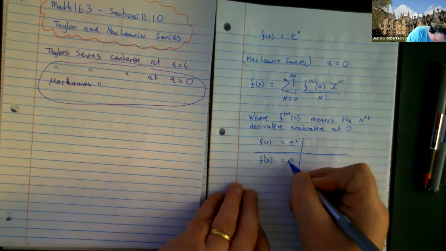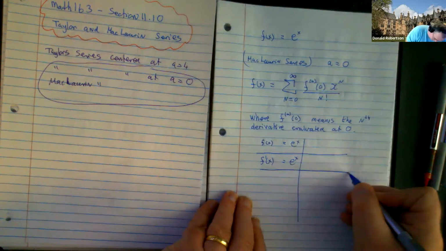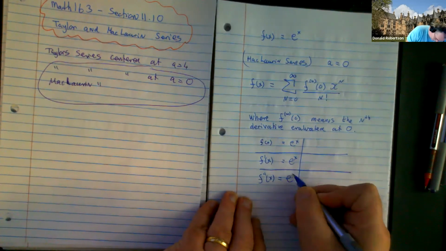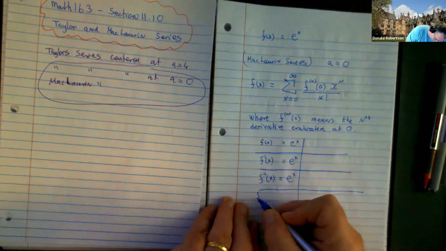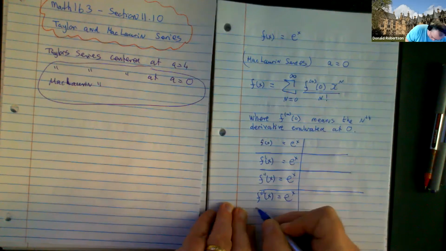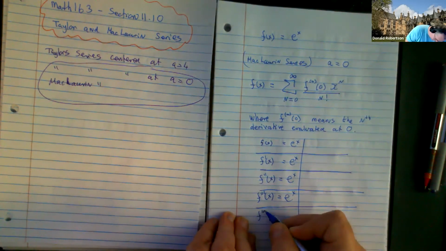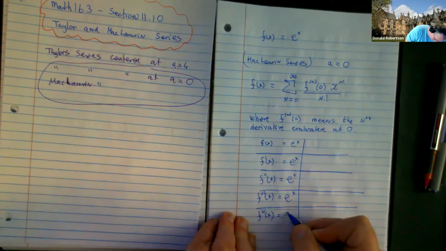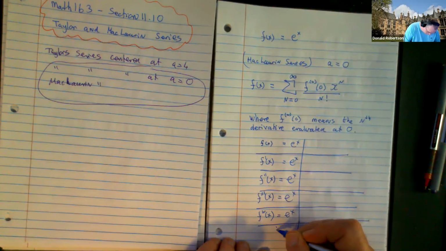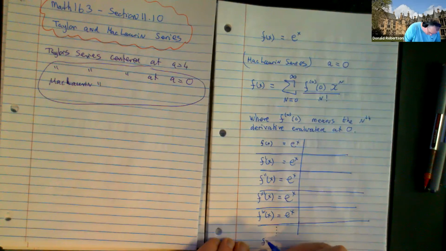Another reason why I like e to the x is that its derivative is always e to the x. So you write down the first 3 or 4 derivatives, and then you go dot, dot, dot, and you try and find the nth one.